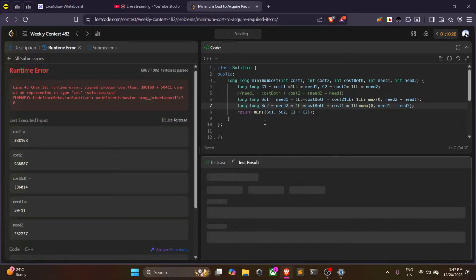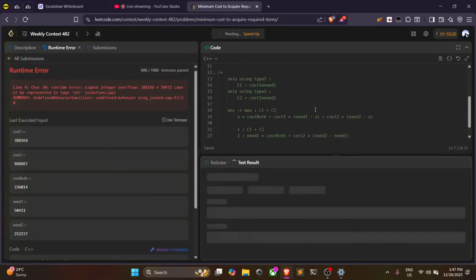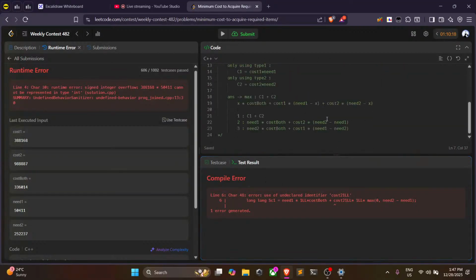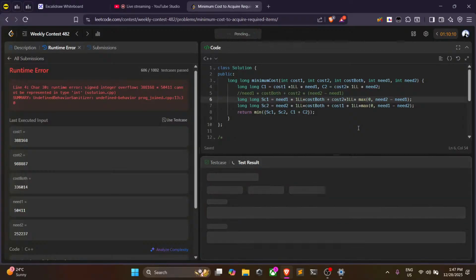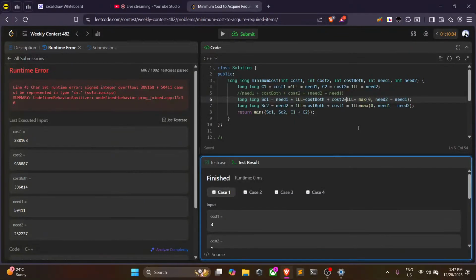Let's check if it's working. Now this should work. Let's check.